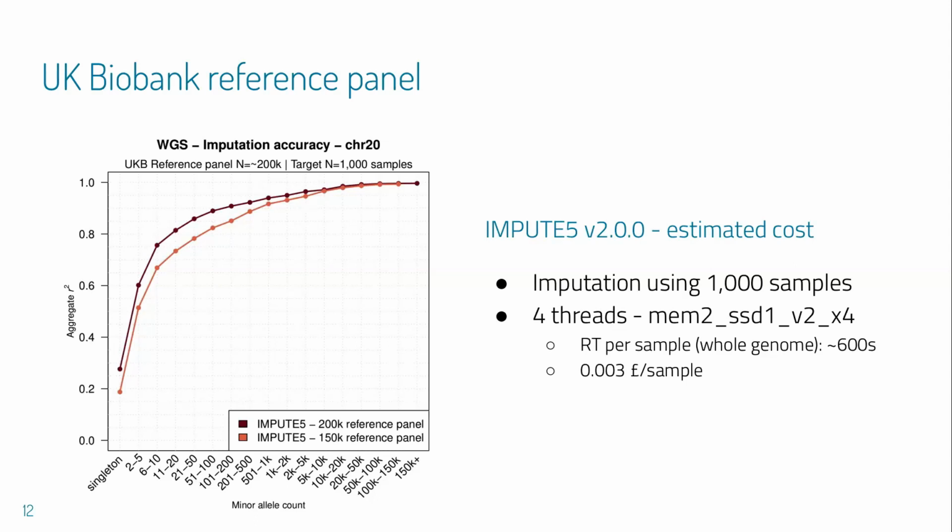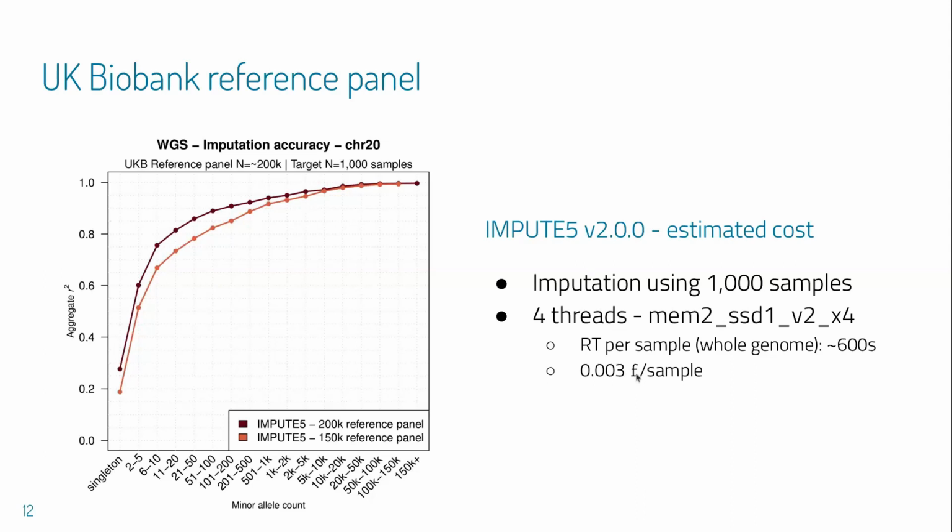To do this, we actually worked a bit on improving our imputation tool called Impute5, and we will be able to release a new version of this software relatively soon. We estimated that the whole genome cost to impute one single sample on the UK Biobank using this setting would be approximately 0.3 cents per sample.